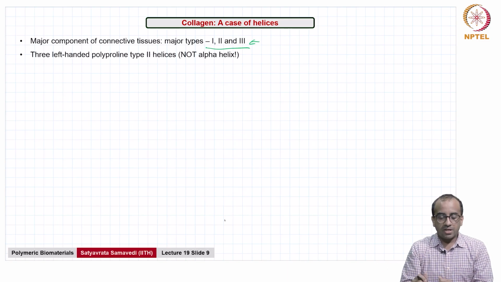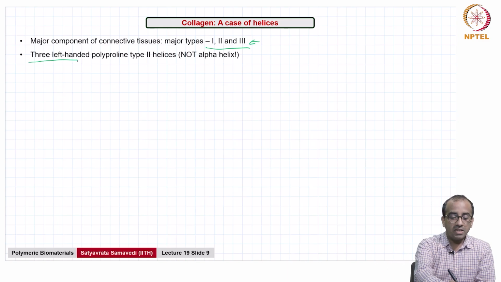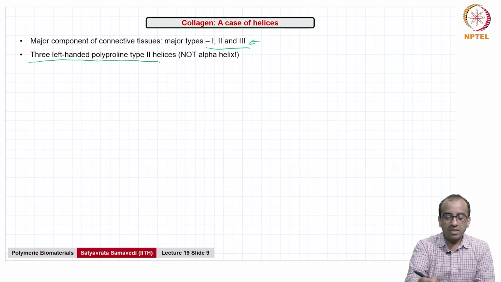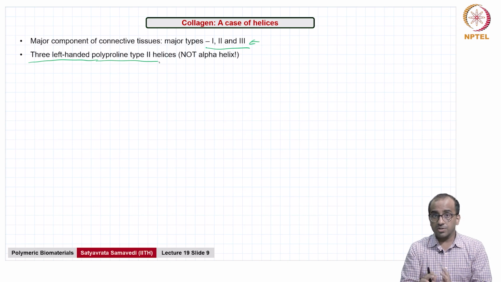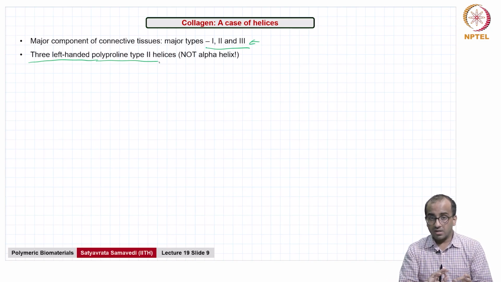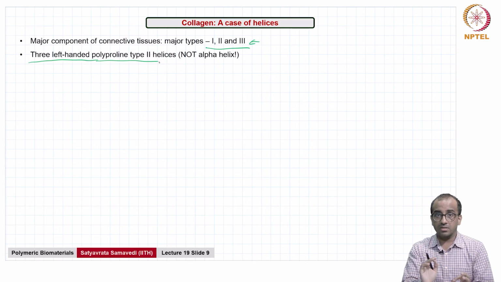And structurally speaking, collagen has 3 left-handed polyproline type 2 helices. Now these are not alpha helices, they are also helices but not alpha helices. The key differences being that firstly these are left-handed helices as opposed to right-handed alpha helices. Second is in alpha helix we saw that the number of amino acid residues per turn is 3.6.